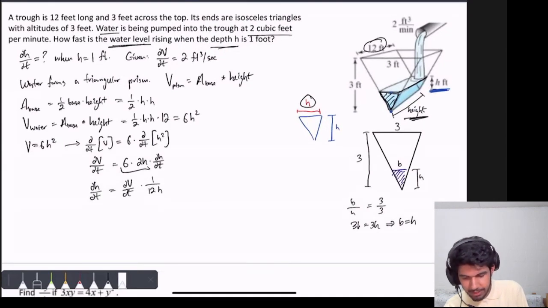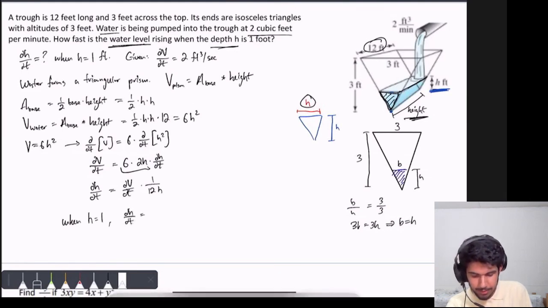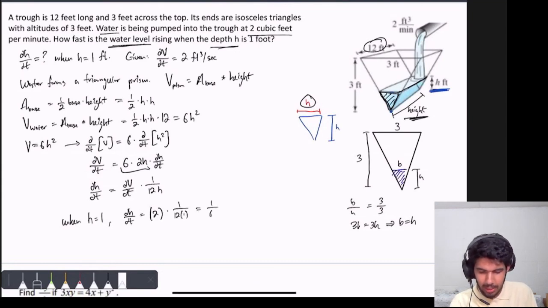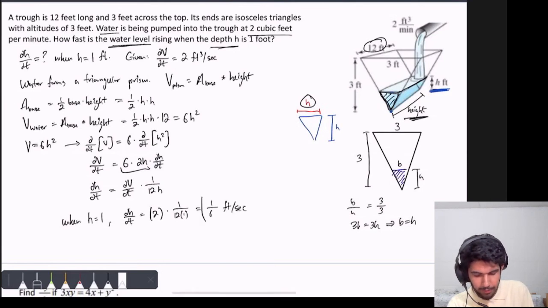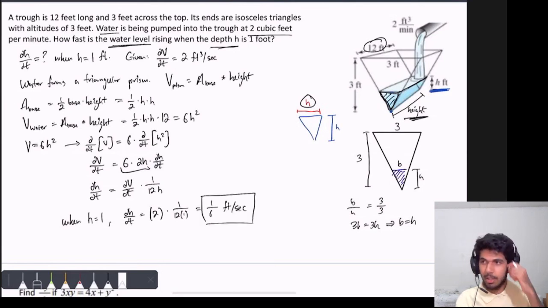And now we can finally conclude when h equals 1, dh/dt equals dV/dt, which is 2. That comes from up here. And then 1 over 12 times 1, that is 1/6. And then our units are feet per second. And that is our answer.